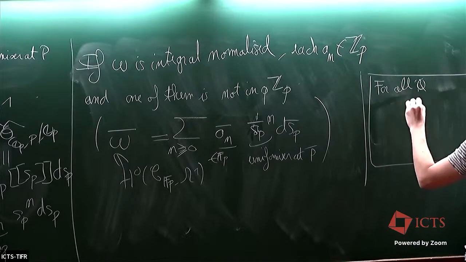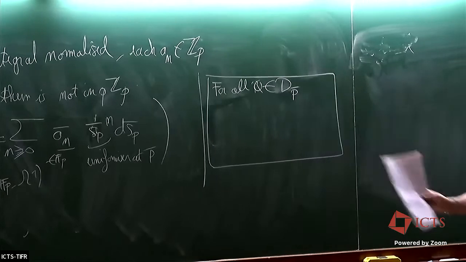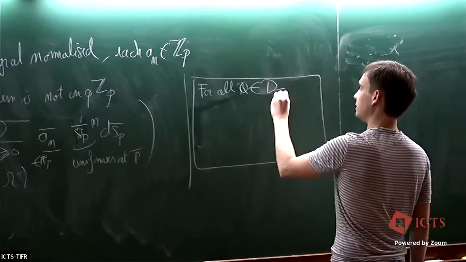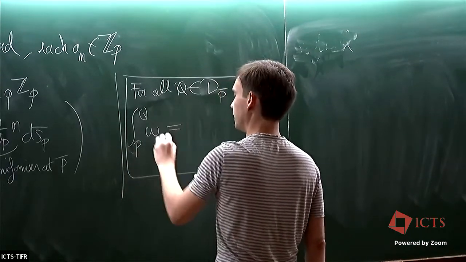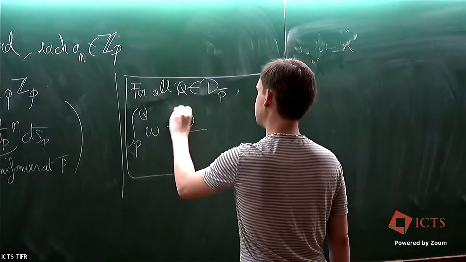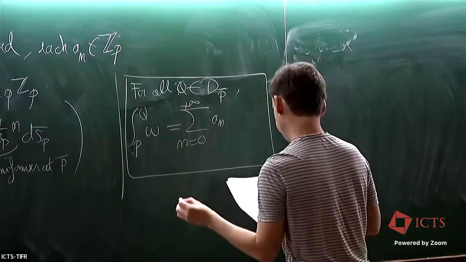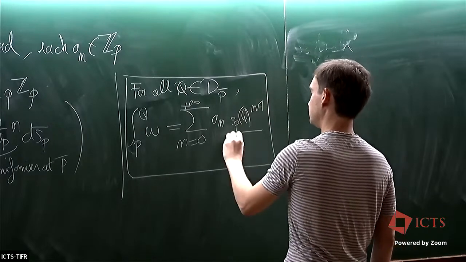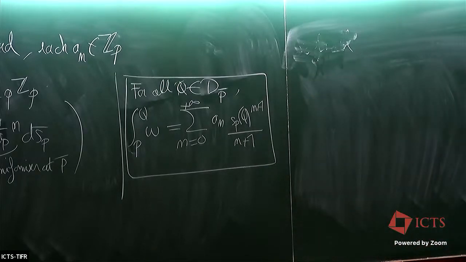So for all Q inside the residue disk at P, so this only makes sense when Q and P have the same reduction mod P. Should make it clear, the same residue disk here. I have the integral from P to Q of omega equal to the sum for n equals 0 to plus infinity of an SP(Q)^(n+1) divided by n+1.